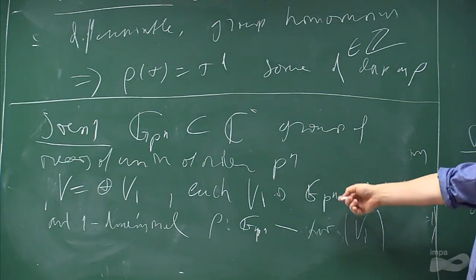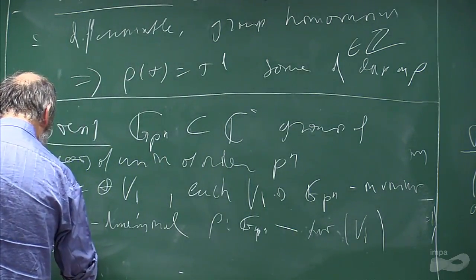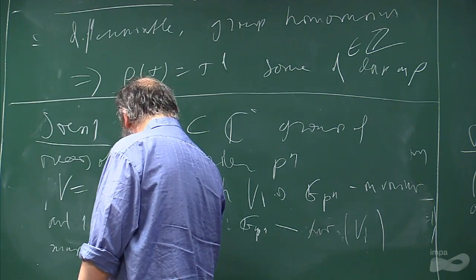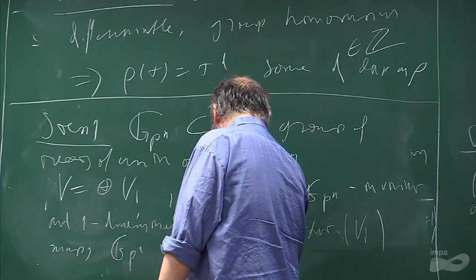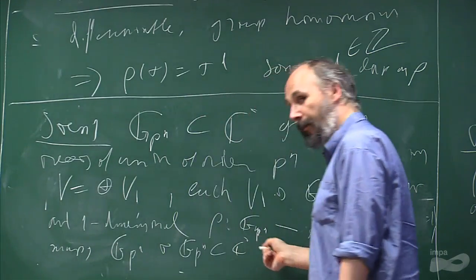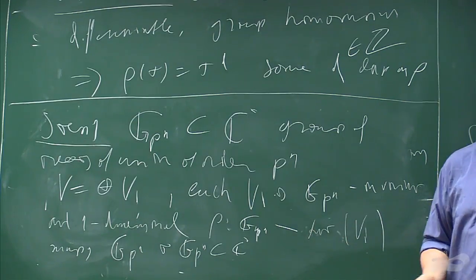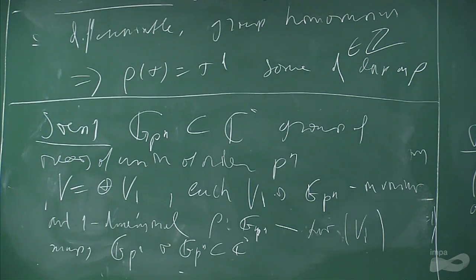I consider each V_i as a representation, it maps elements of this group to itself inside C star. Because they have order p^n, these are roots of order p^n. Of course, it could be a non-trivial map because it takes some primitive root and puts it to some other root, probably primitive, but not necessarily.